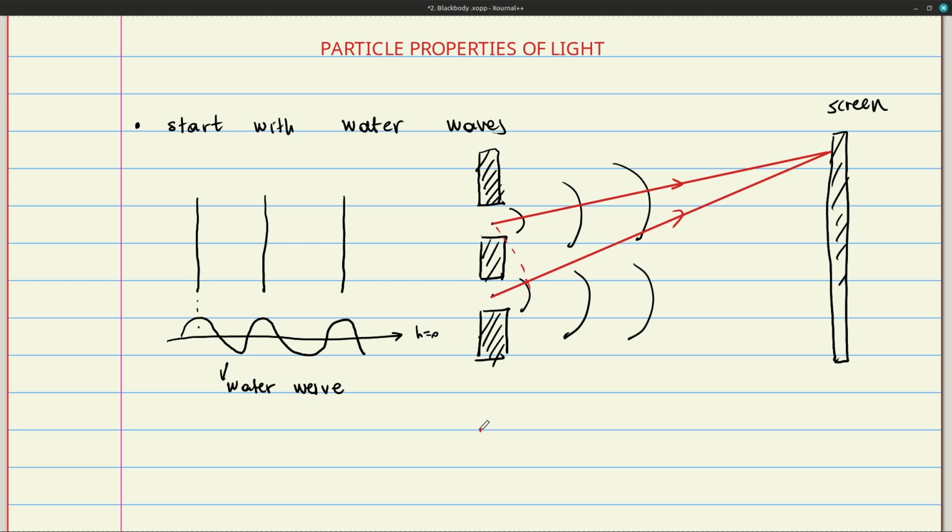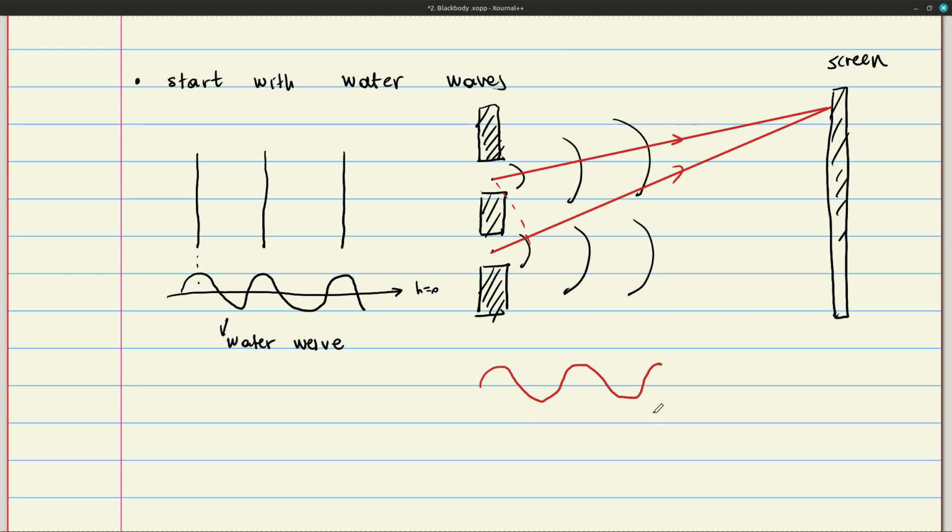Maybe the first wave is going to be something like that, and the second wave, let's change the color, maybe blue, is going to be shifted a little bit. For example, if they match perfectly, each amplitude is going to add up. Let me shift just a little bit for you to see. And this is going to be maximum amplitude.